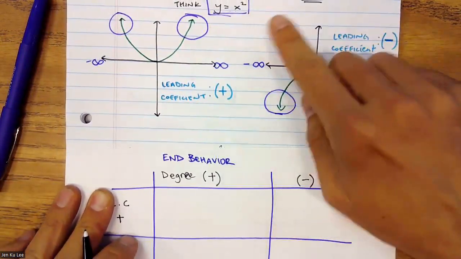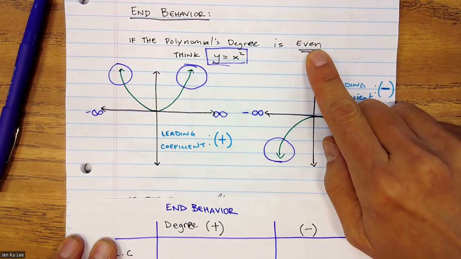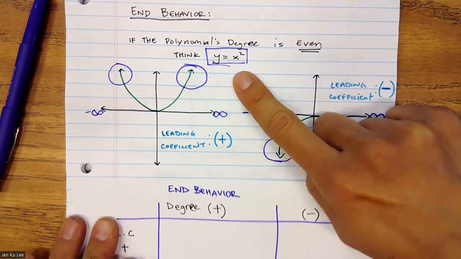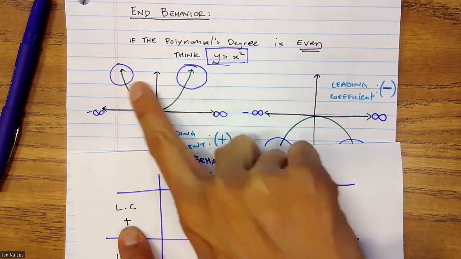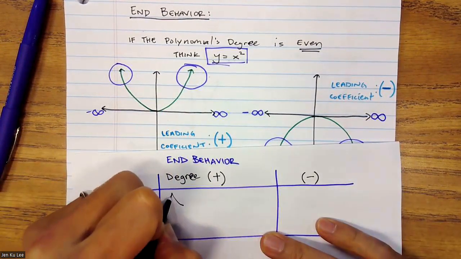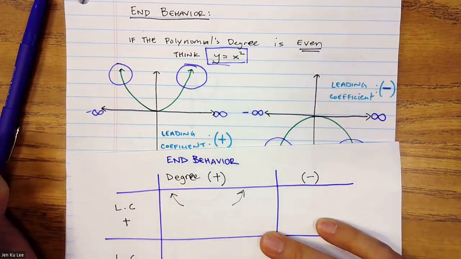So if your degree is even, you're going to think x squared, and if your leading coefficient is positive, your end behavior is like this, right? So it looks like this, and it looks like that.